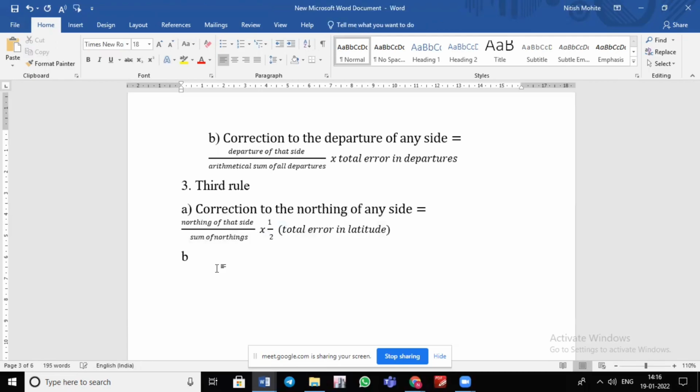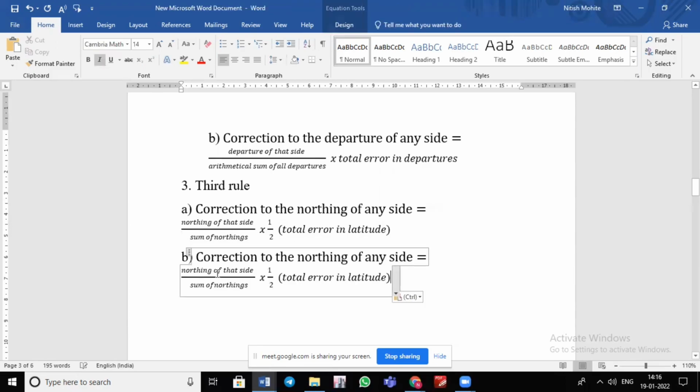Correction to the southing: instead of northing, it will be southing here. Then again, these are the formulas for latitude.